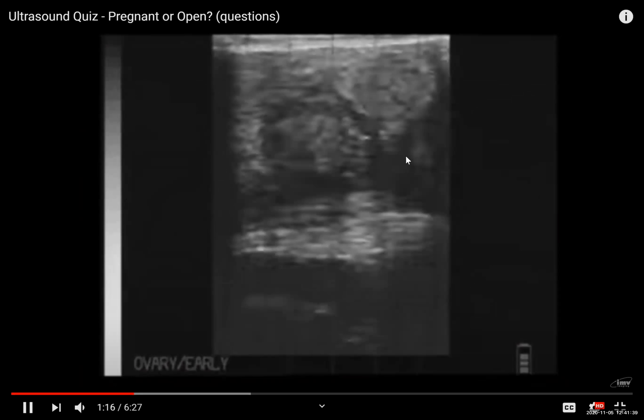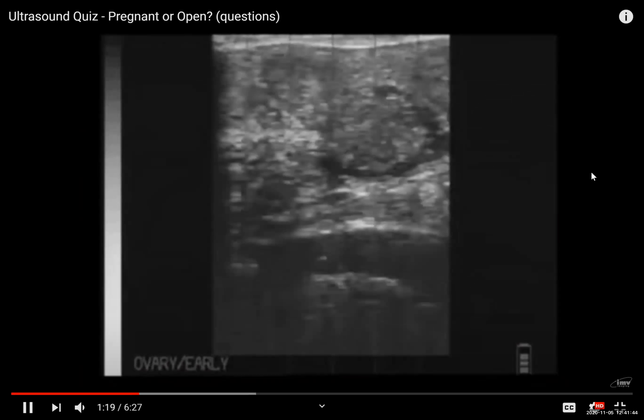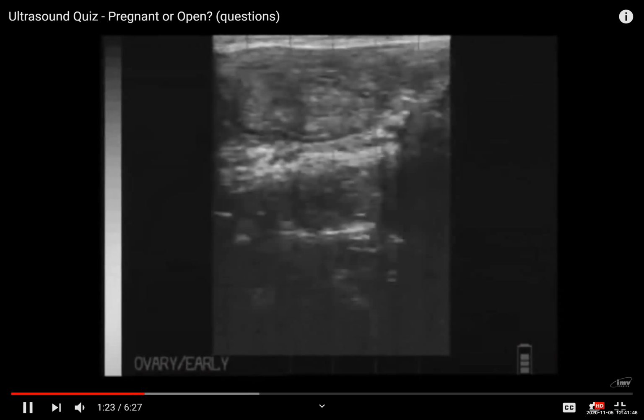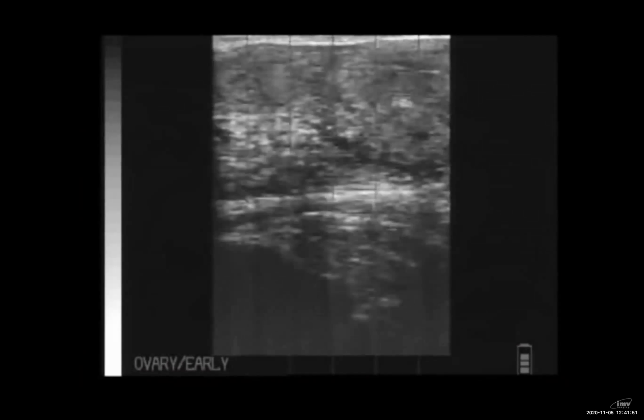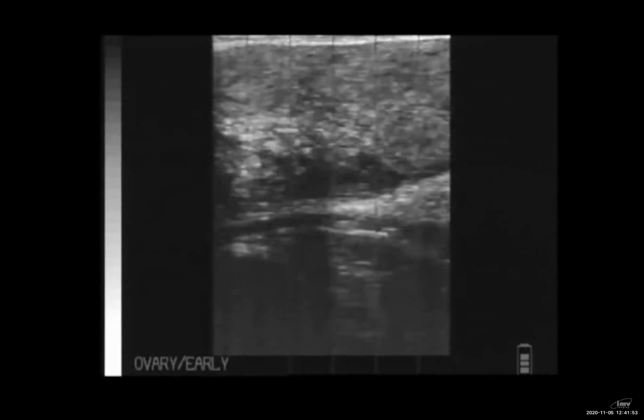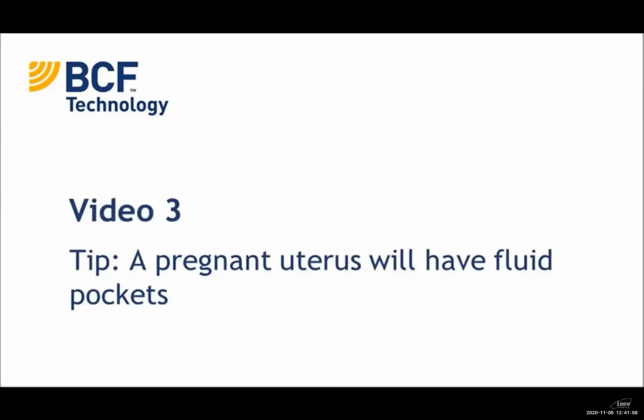Again, that's the uterus. The cross sections of the uterus are those rings. When you see that mess where it goes dark, it basically means you have poop on your probe.